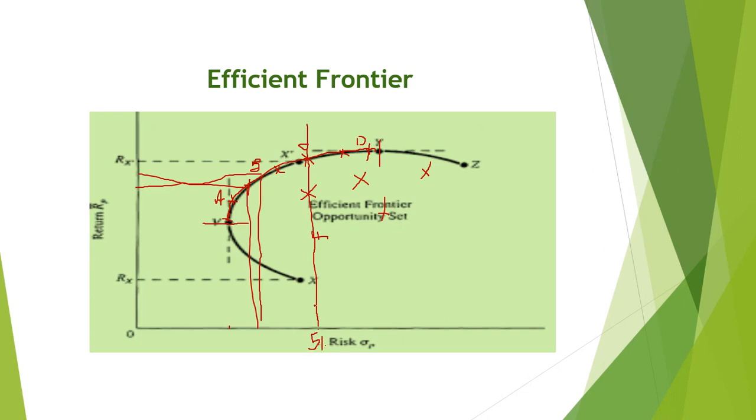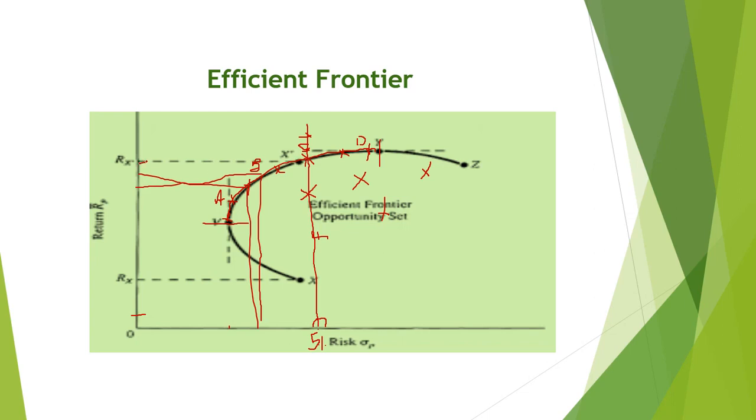If you draw a line perpendicular to the x-axis, there are different points on it. The points above this line, like this point, are in the unattainable region. But below C there are innumerable points, giving different levels of returns. The maximum return you get is at point C.